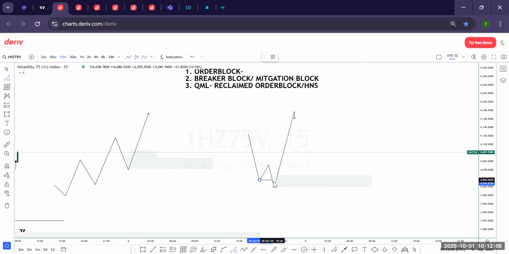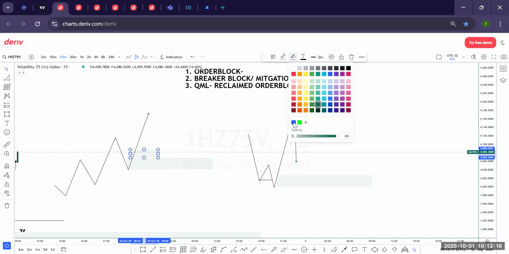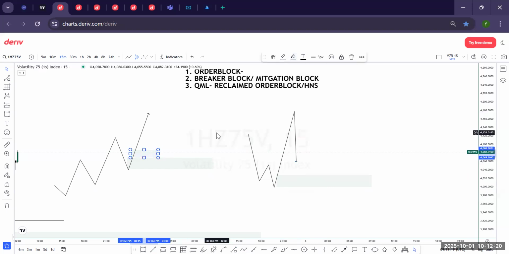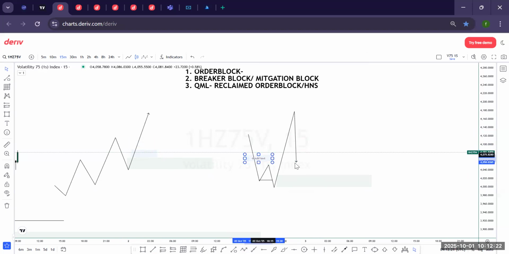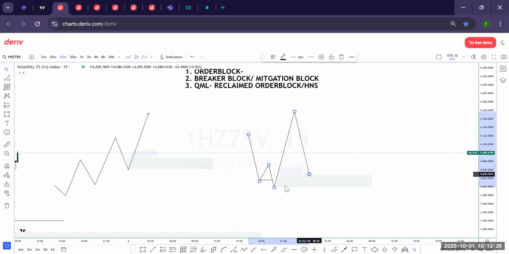Let's say you have an order block that has liquidity sweep and possibly you now have a fair value gap. You have a fair value gap without inducement. Please, this also is 100% valid.